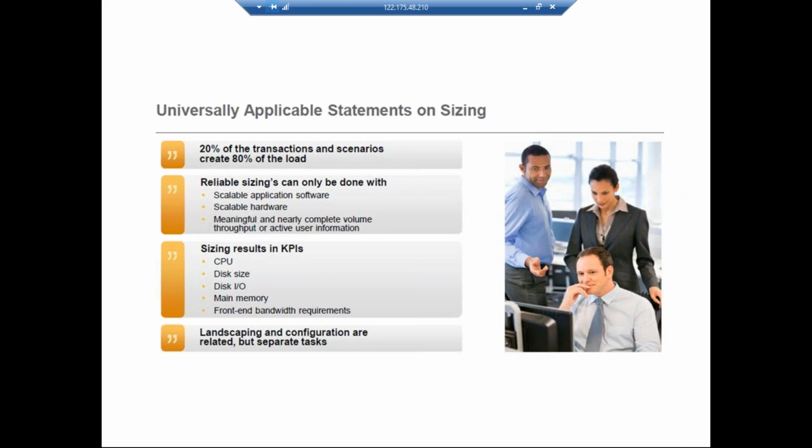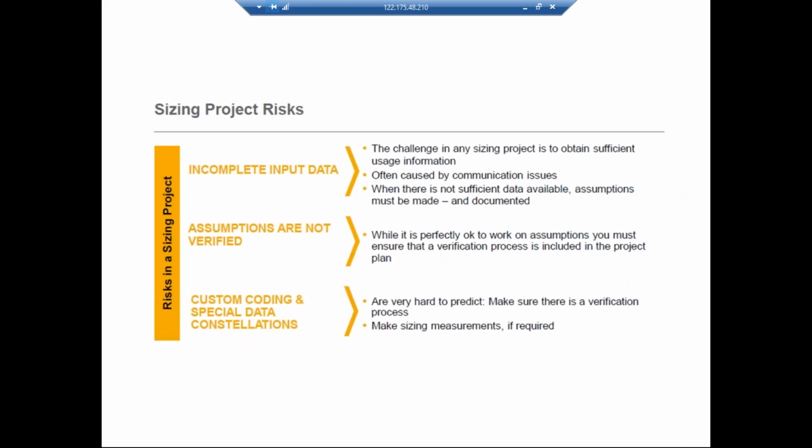You need to plan for everything. All these are related, but they are separate tasks. The configuration requirements for the production system are not the same as the configurations you need for development. Even though all these three are related, they're not the same. They should be considered as separate tasks. So these are all general statements, universally applicable statements we call them.